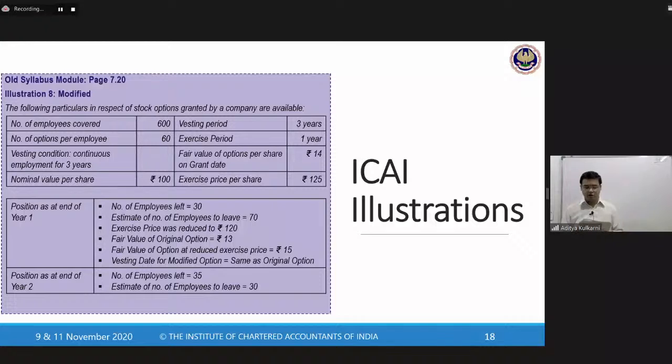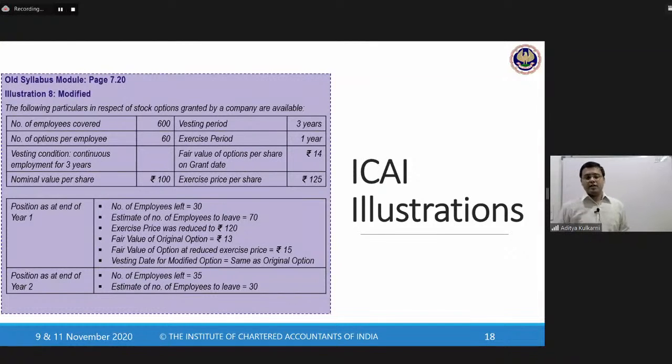So therefore, your incremental fair value will be 15 minus 13, that means it will be 2 rupees. Did you understand? You have to take the fair value on the date of modification minus the revised fair value. Vesting date for modified option is the same as the original option. So no change in the vesting term.